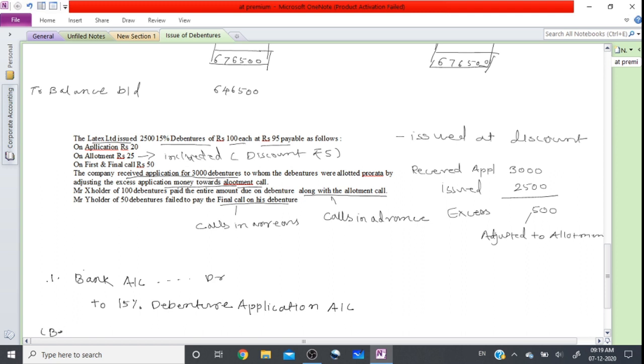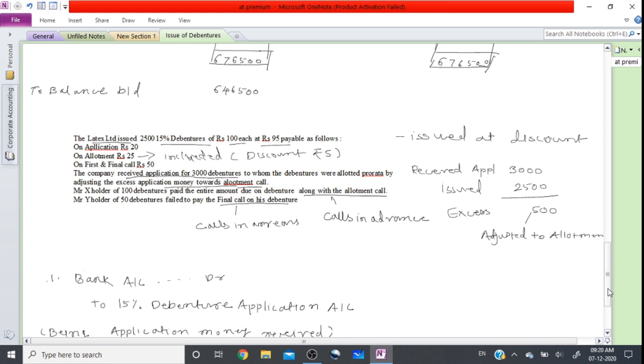Narration being application money received.